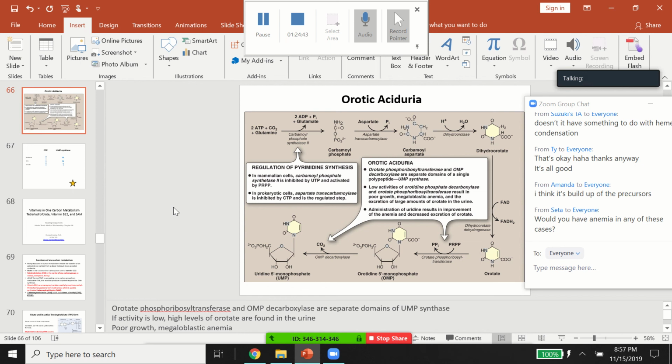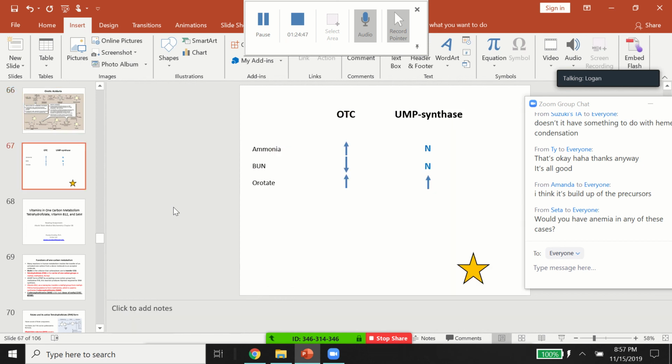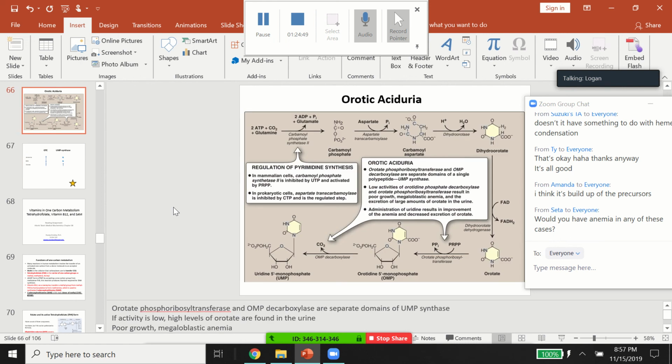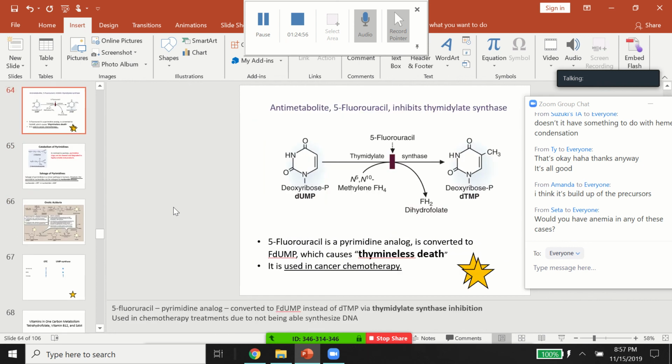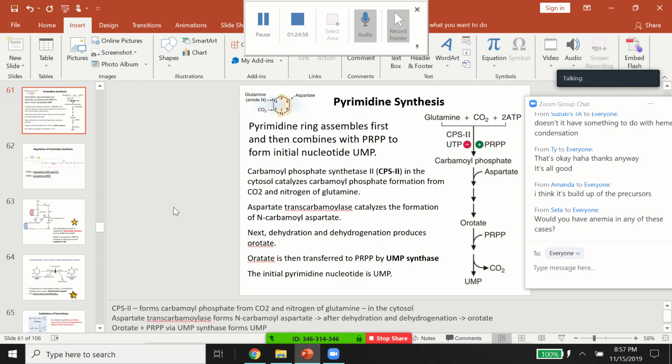That's where you're going to be talking a little bit more about different types of anemia. But with this, you probably wouldn't have it. Let me see, UMP synthase. I know I mentioned that somewhere. Sorry, I get kind of lost sometimes. I guess it's possible, yeah, you would have anemia.